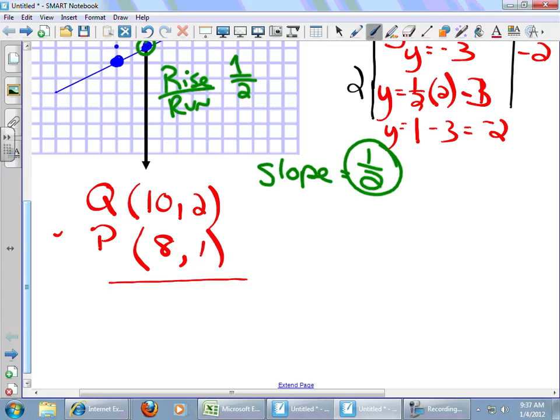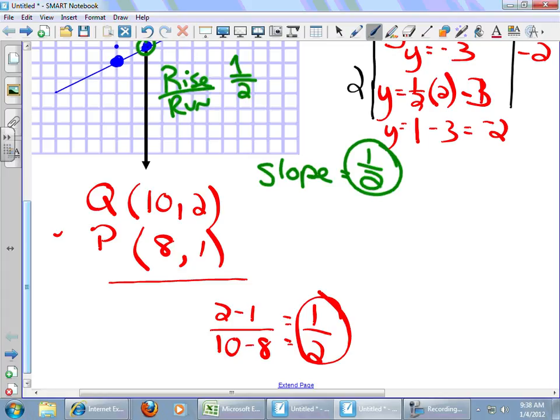What would happen if I subtracted my x coordinates and my y coordinates? If I subtract my x coordinates, I get 10 minus 8, which is 2. If I subtract my y coordinates, 2 minus 1, I get 1. Look at that. I got the slope by using subtraction.